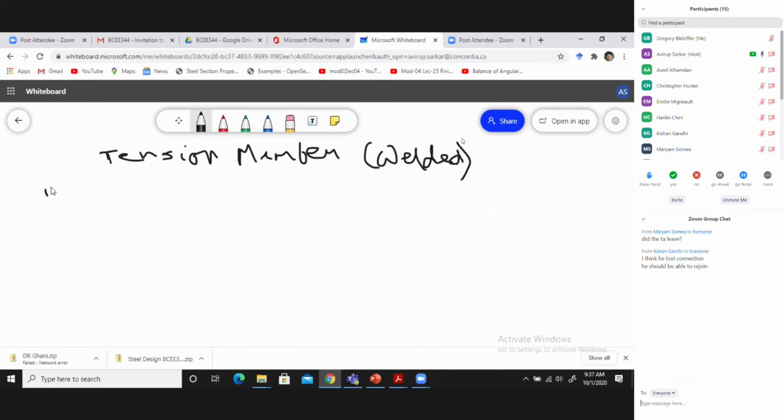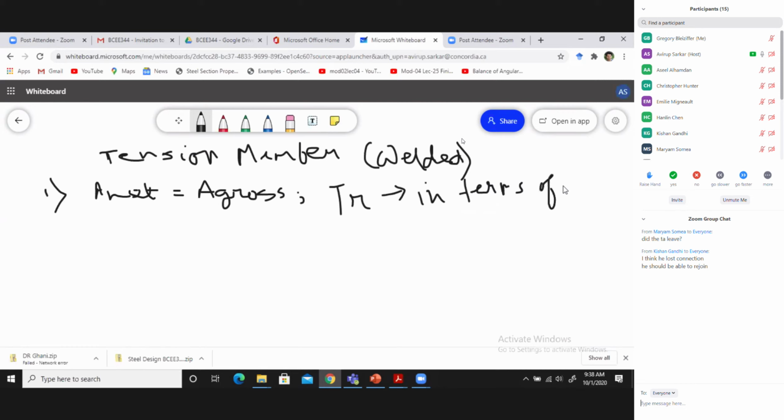So the first step is that A net is equal to A gross. As A net is equal to A gross, you simply consider the TR in terms of A. You calculate TR in terms of A by equations 3.1 and 3.2.